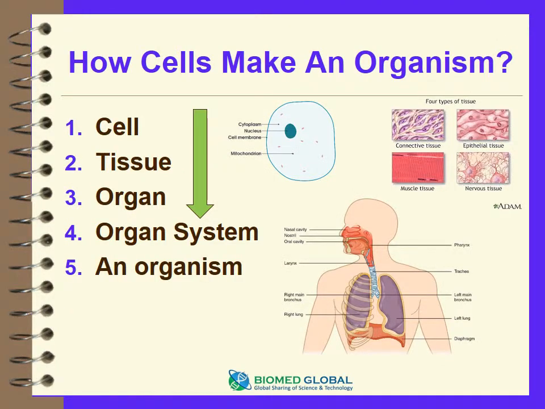How do cells make an organism, and how are they organized in a living thing? As mentioned earlier, the cell is the basic unit. A number of cells get together and form tissues, a number of tissues form an organ, and organs form organ systems, like the respiratory system, which ultimately ends in the form of a complete organism.